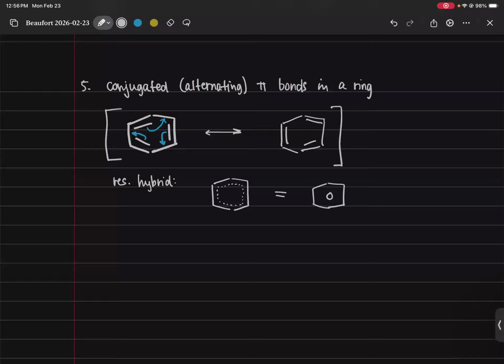Now, when you end up trying to draw individual chemical mechanisms where you're breaking pi bonds and stuff, this abbreviated structure doesn't work, but it's a resonance hybrid. It's not really meant for that sort of thing. But if you see that in the chemical literature or anywhere else, that's a benzene ring as well.